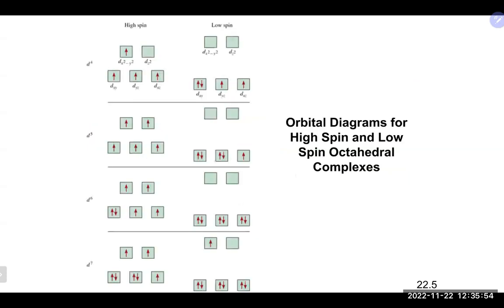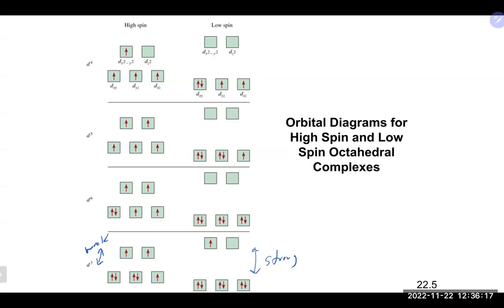So here are all the arrangements that you could get for high spin, low spin. And again, we definitely see with the stronger field more encouragement of everybody pairing up, as opposed to our weaker field, on that side, with more unpaired electrons.